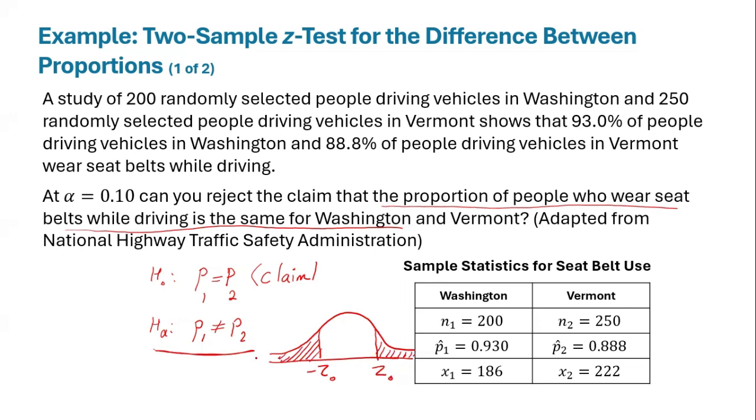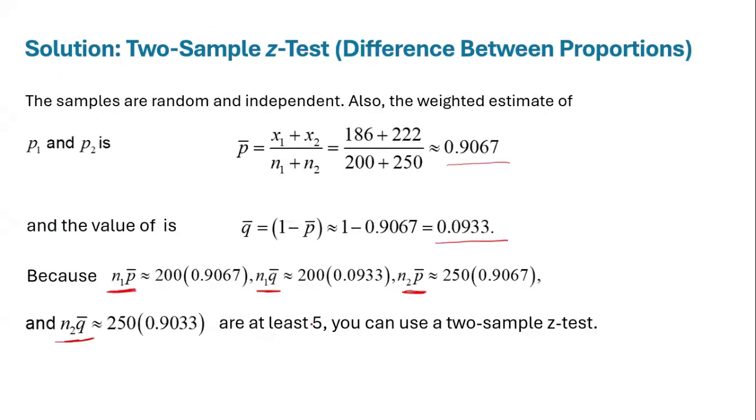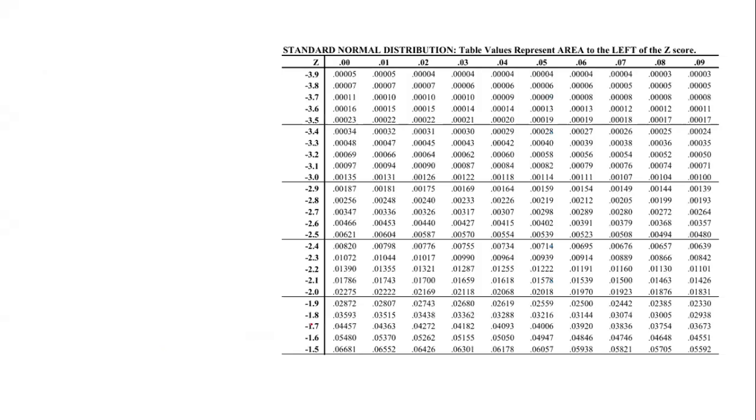The alpha is 10%. That means half of the alpha is on the right and half of the alpha is on the left. If I open the Z table and look at the body of the table, try to find 0.05, it tells me what Z value corresponds to that area. So let's look at the Z table and try to find 0.05.